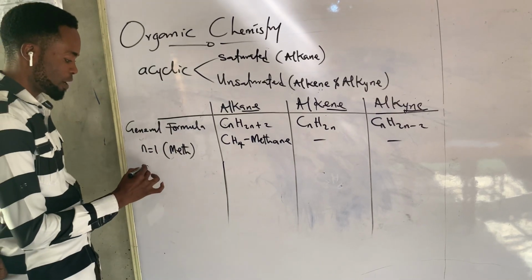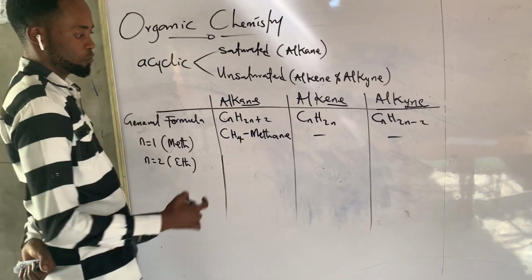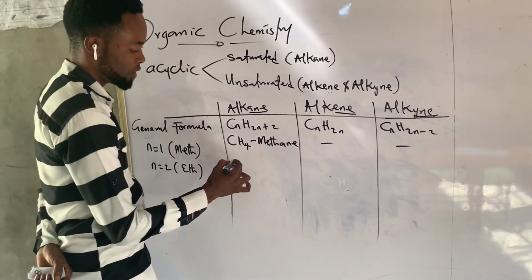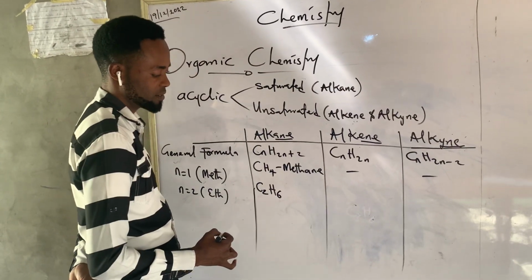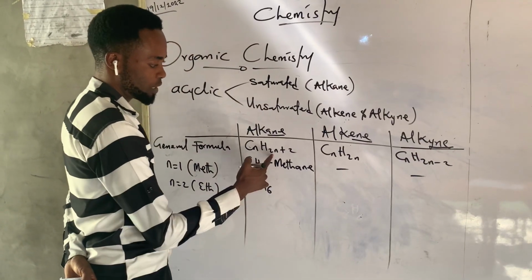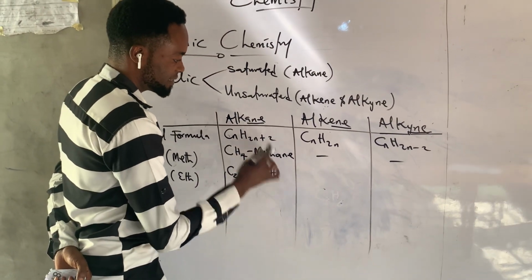Now the second member, when n is equal to 2, is eth. If you follow the formula, you have C2H6. That is 2 times 2, 4, plus 2, 6. That will give us ethane.